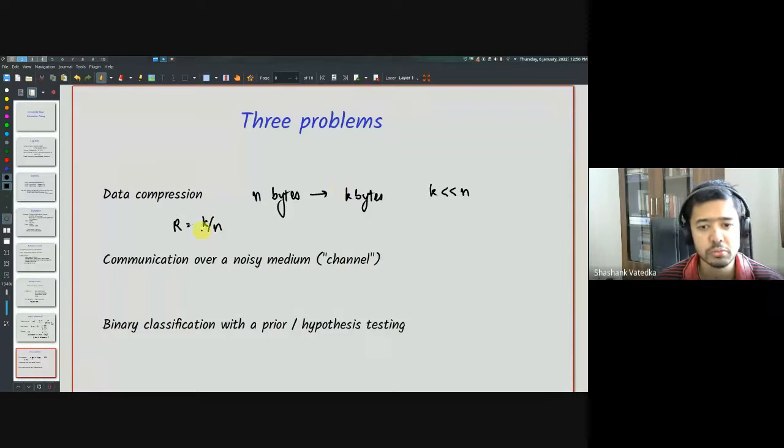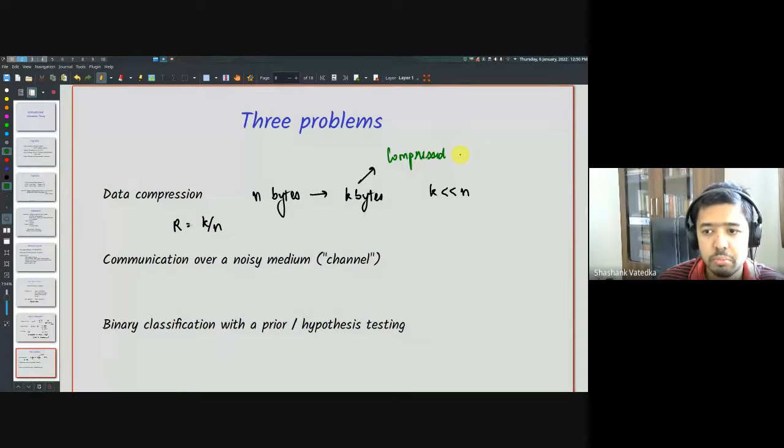Right, so let's look at this quantity, which is the compressed file size, and this is the original file size. All right.